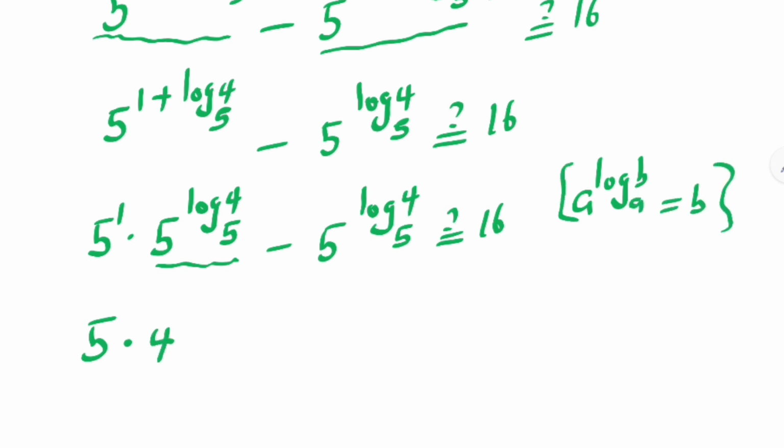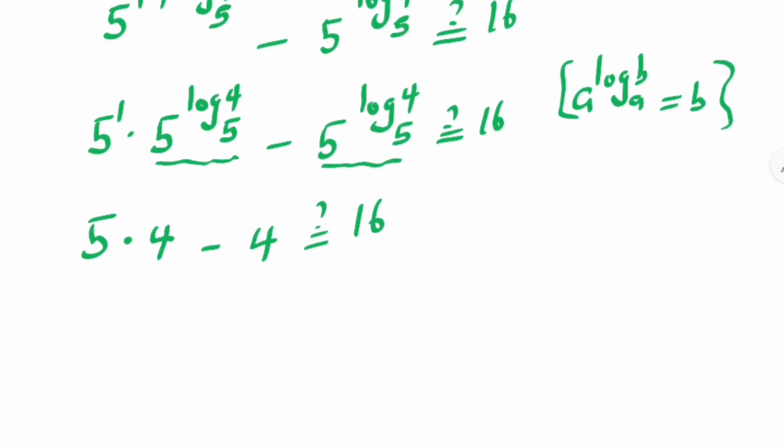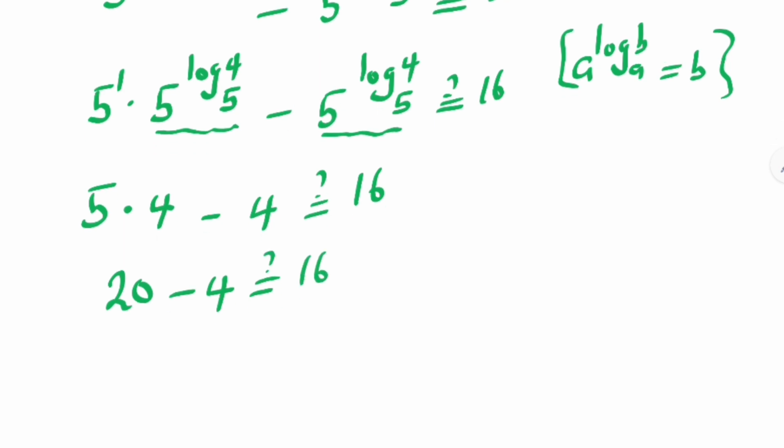So this is 4 minus the whole of this is 4 must be equal to 16. 5 times 4, this is 20 minus 4 must be equal to 16. 20 minus 4, this is 16, is equal to 16, which is true.